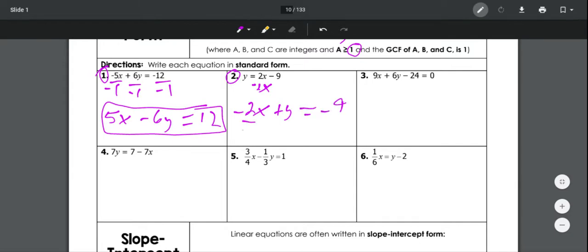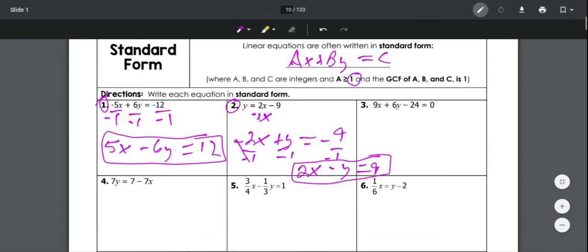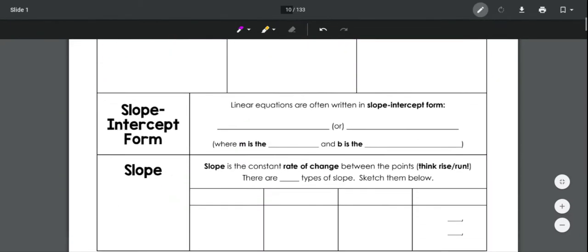Then we're going to have to come back and divide each of these by negative 1 to make sure that the number that goes with x is greater than or equal to 1. So that gives us 2x, and then the y will be negative, so negative y equal to 9. So that's just putting stuff in standard form, not super complicated.